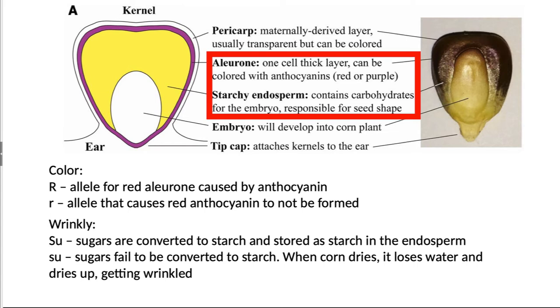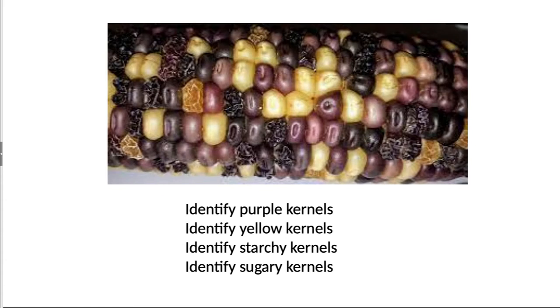Whereas the dominant form has the mechanism to convert to starch, and that starch causes the kernel to stay plump. Now, this is another case of dominance, and so the plump allele allows the heterozygote to look like the homozygote dominant. Okay, so we've already looked at this.